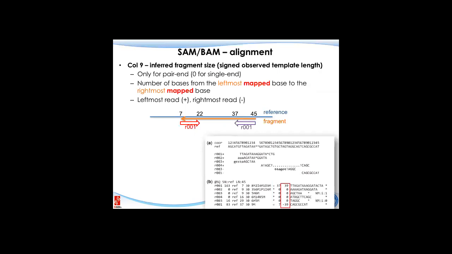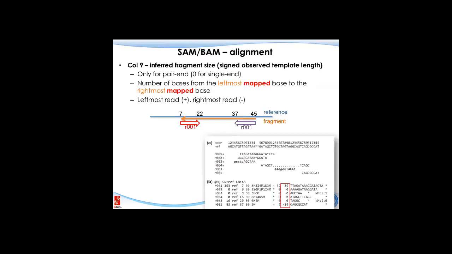The general idea is, from these 2 ends, figure out the length of the initial DNA fragment you're sequencing. Very understandable. If you make the calculation, this starts from 7 and this ends at 45, and then you know there are 39 nucleotides in between.